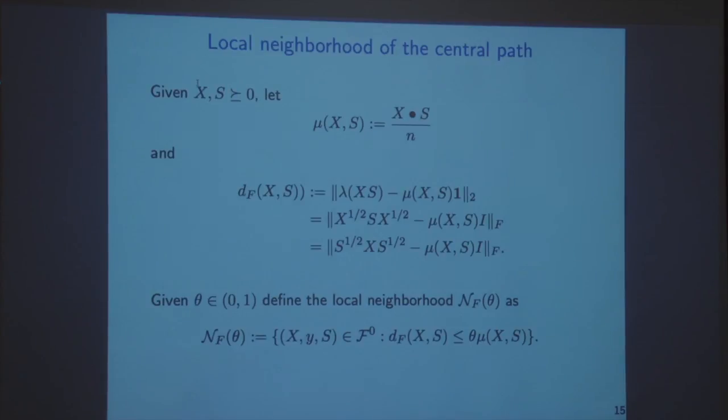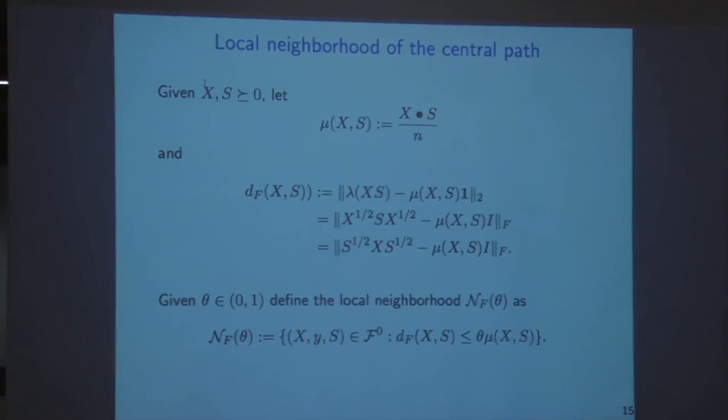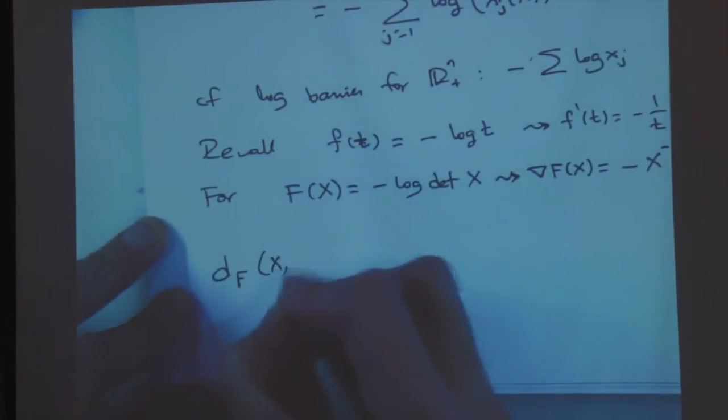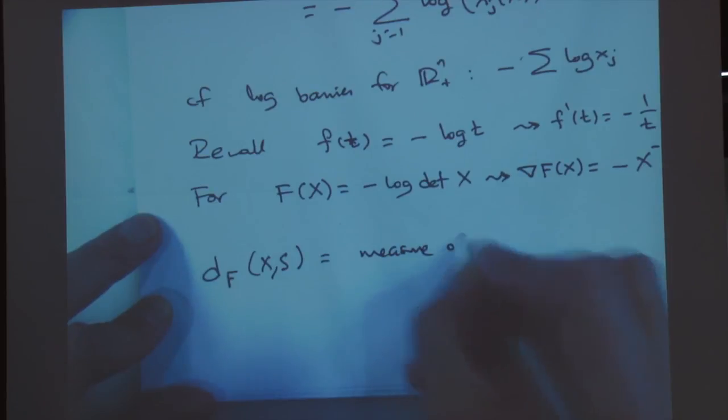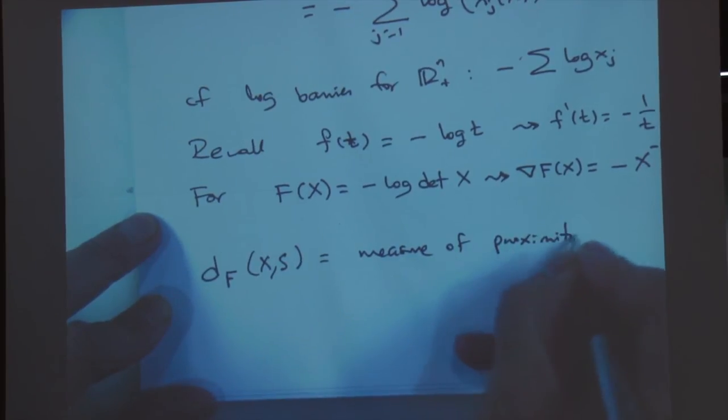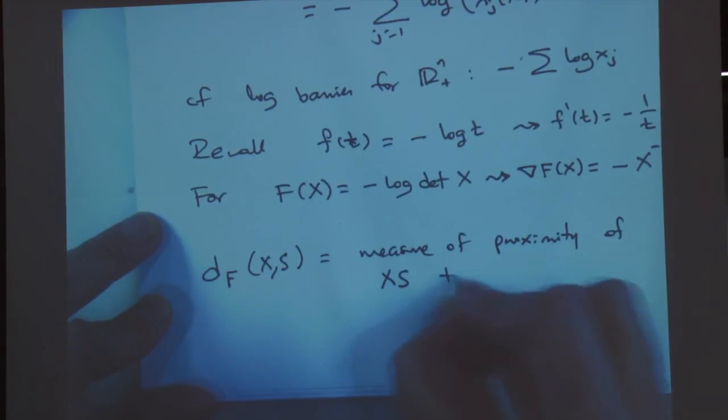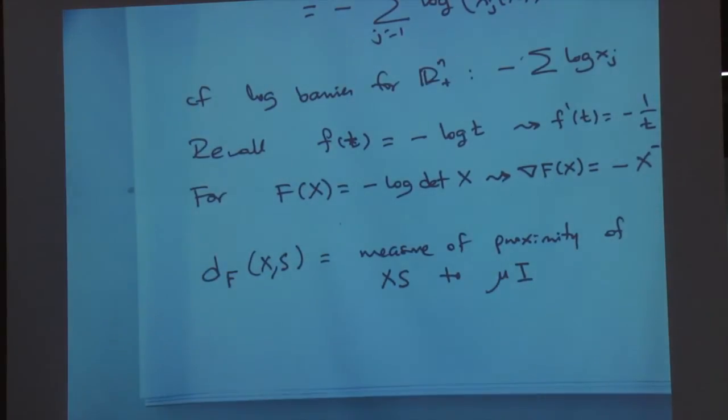So here, again, this so-called d, this is some kind of measure of proximity of xs to mu I. So if we insisted on xs being equal to mu I, that would be like the extreme when the neighborhood that we're taking is exactly the central path.